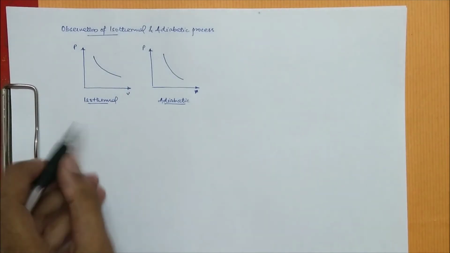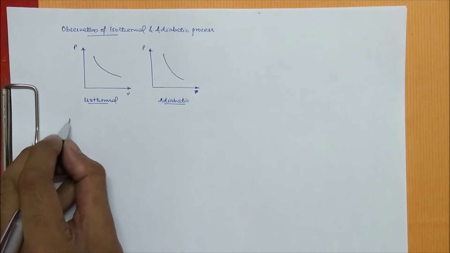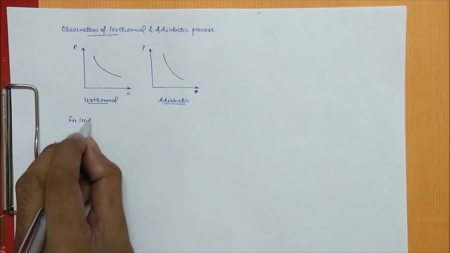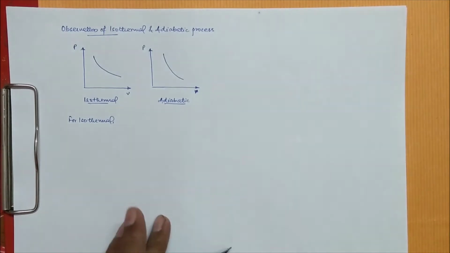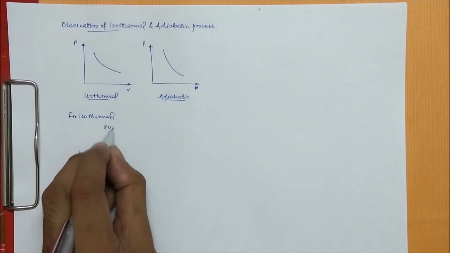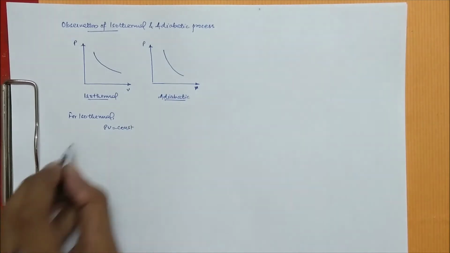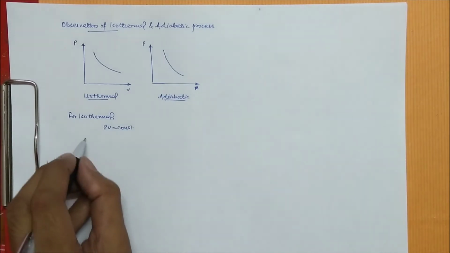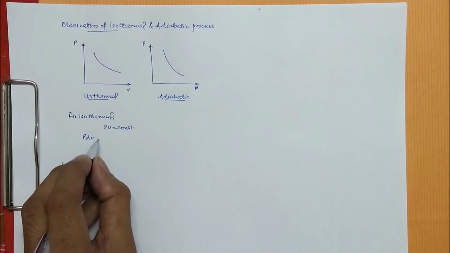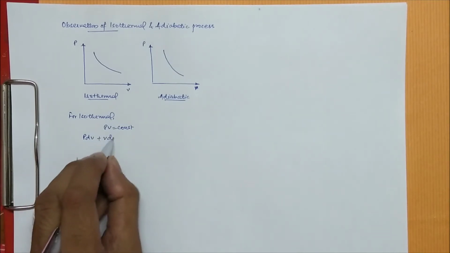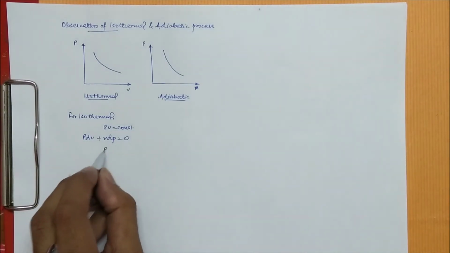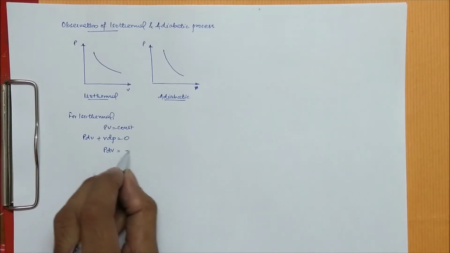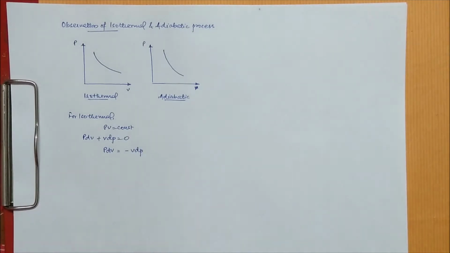For that, let's see. For isothermal, we have PV is constant, right? That means PdV plus VdP is equal to 0, right? Then PdV is equal to minus VdP, right?